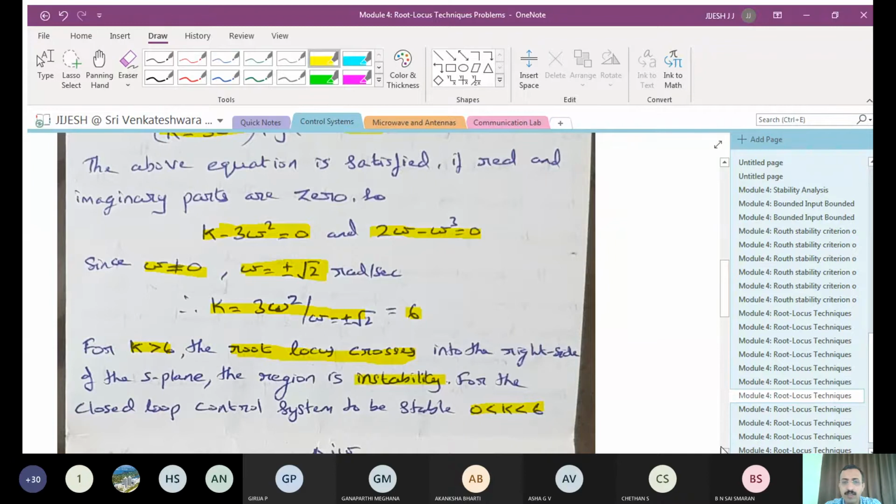When you find k, you can say that to maintain the closed loop control system stable, you have to maintain the value of k between 0 and 6. So let us try plotting this. All of you complete these steps and then plot the sigma and j omega axis.